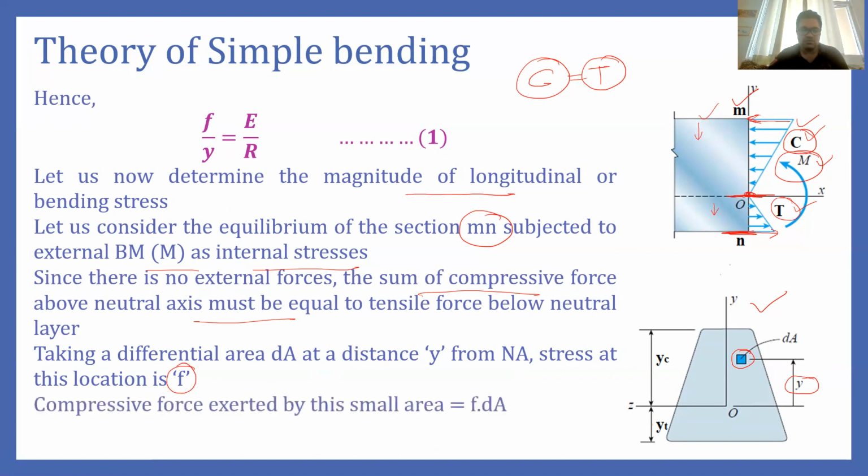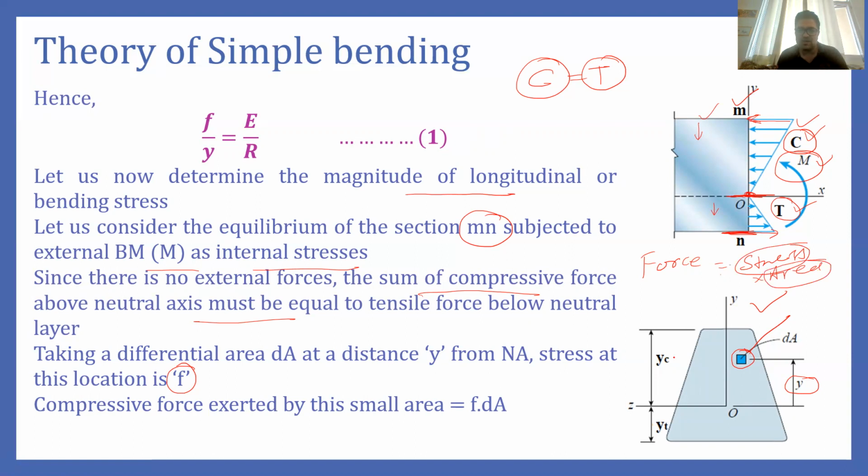So what is the compressive force exerted on this differential area? We know force is equal to stress into area. Here the stress is F and the area is the elemental area.